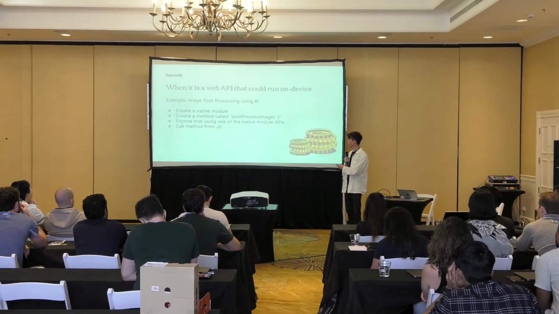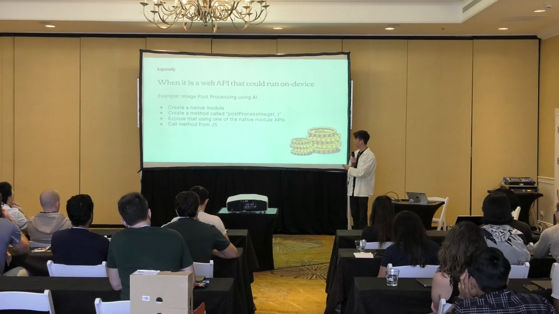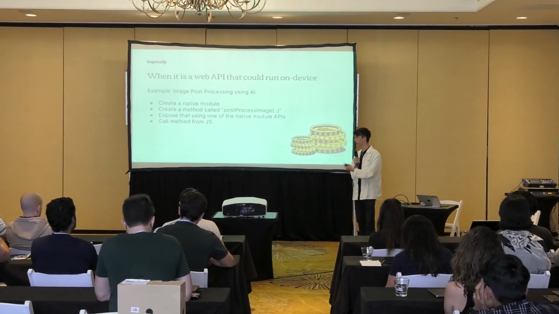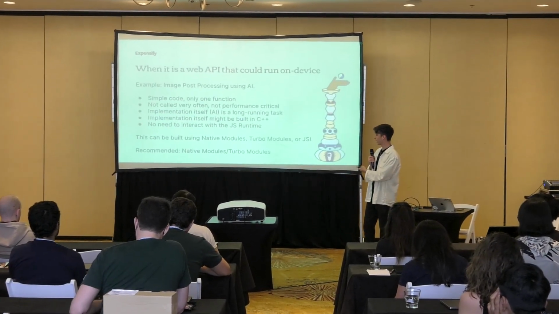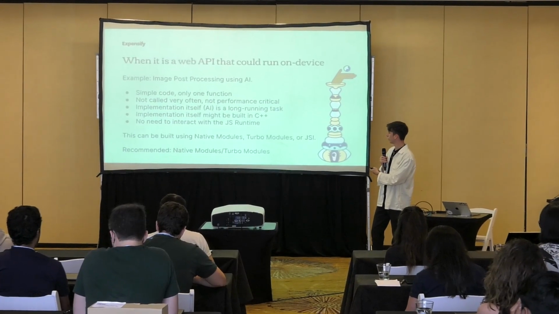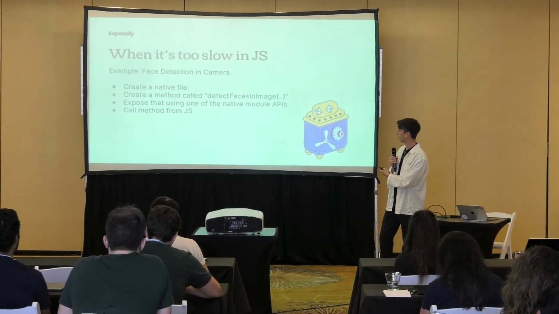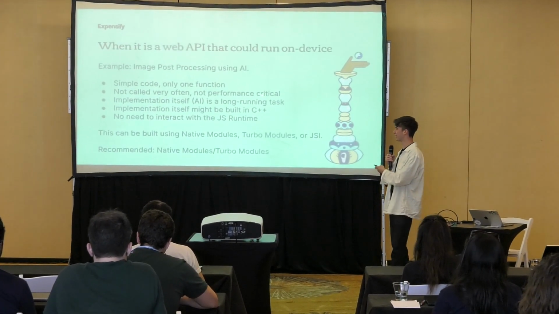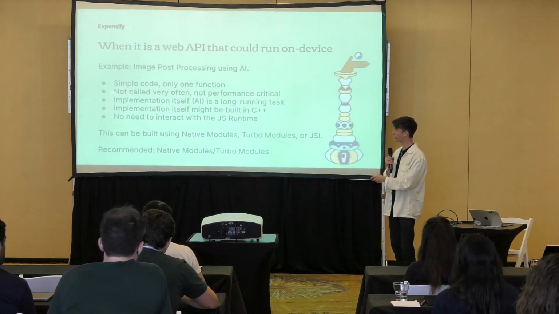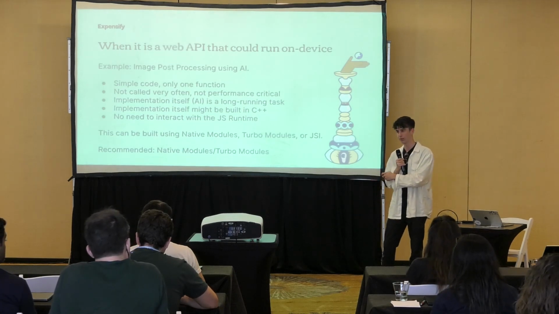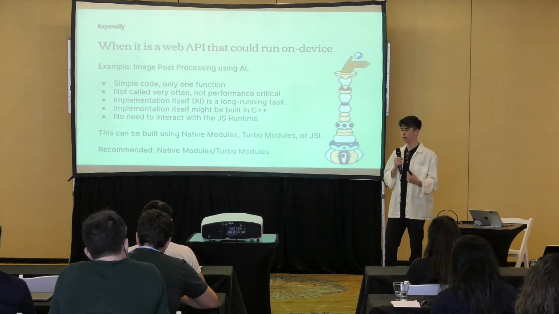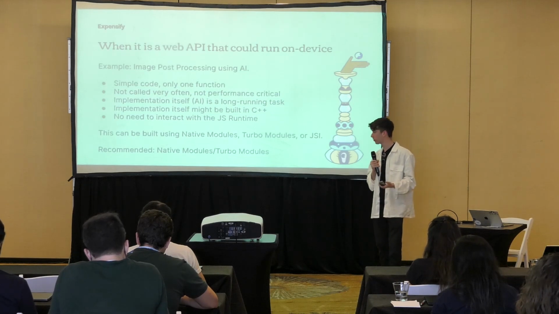Image post-processing using AI. You have one function that's called post-process image, and you expose that and you want to call it from JavaScript. That's just one function. It's not called very often, it's not performance critical per se, meaning that we, for example, only call it after you take a picture.